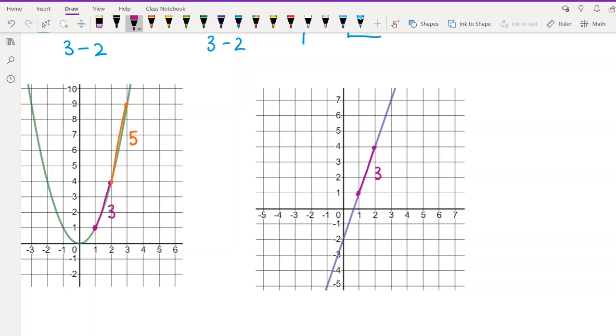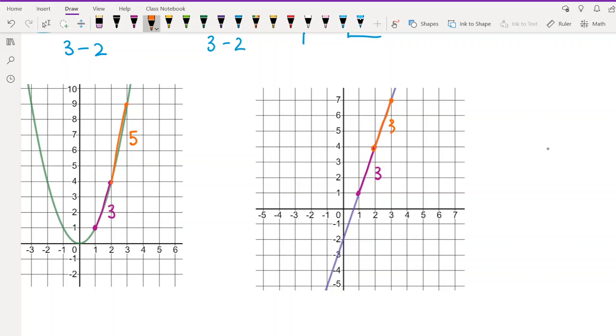Typically, if your function is curved, that line is not going to be the same as your function, right? It's going to be kind of an approximation of your function. But in this case, because our function is a line itself, the secant line is just the same as the function.